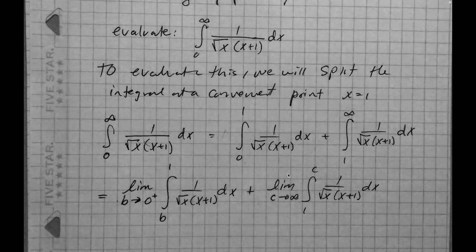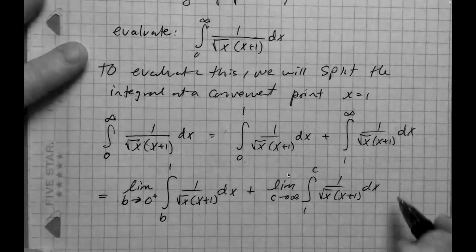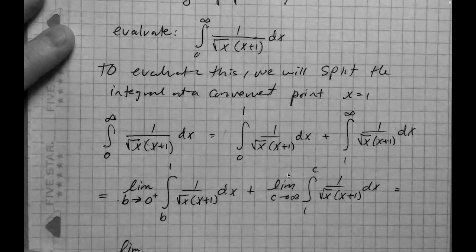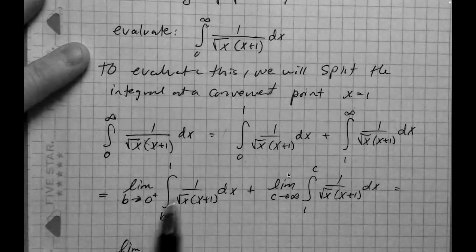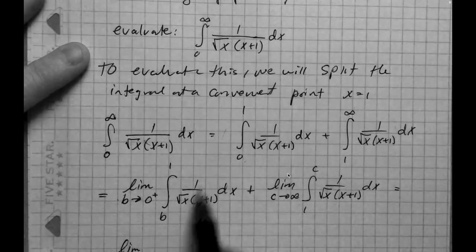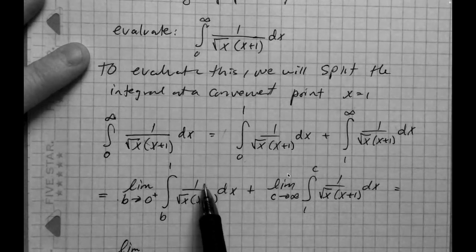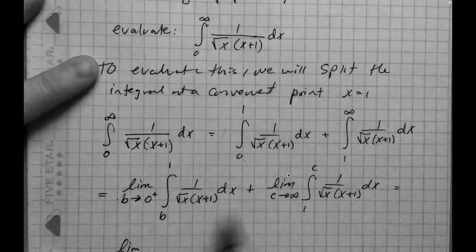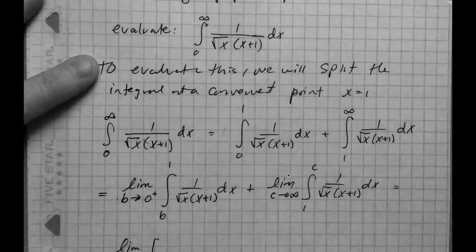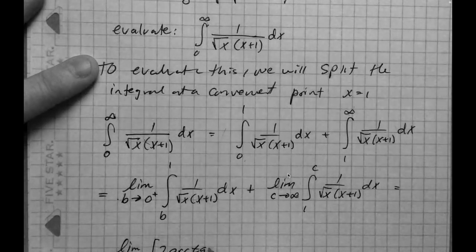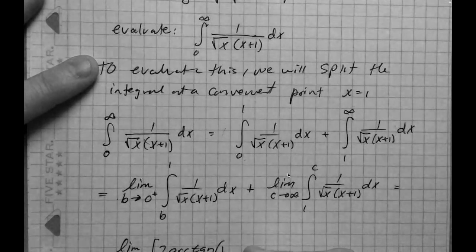Now, can we evaluate this? You bet we can. I've done this one ahead of time just because I didn't want people to get lost in the details of the actual integrand. But this integrand can be found using a u-substitution. It turns out this is equal to 2 times the arc tangent of the square root of x.